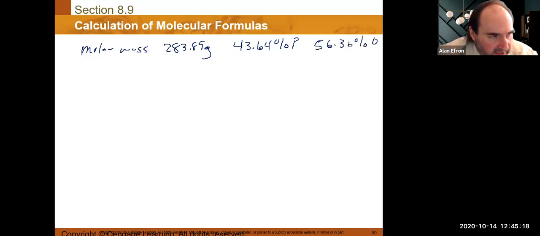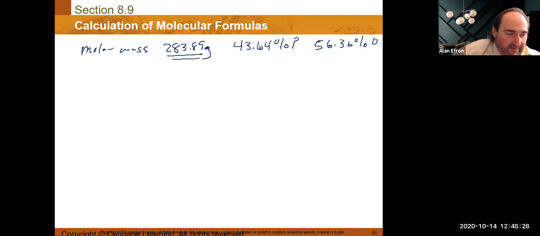So this approach actually works from the molecular formula to the empirical formula. So basically, this is the mass of the compound, and this mass is based off of all the elements that are present. And we know that out of this mass, 43% of it is phosphorus.